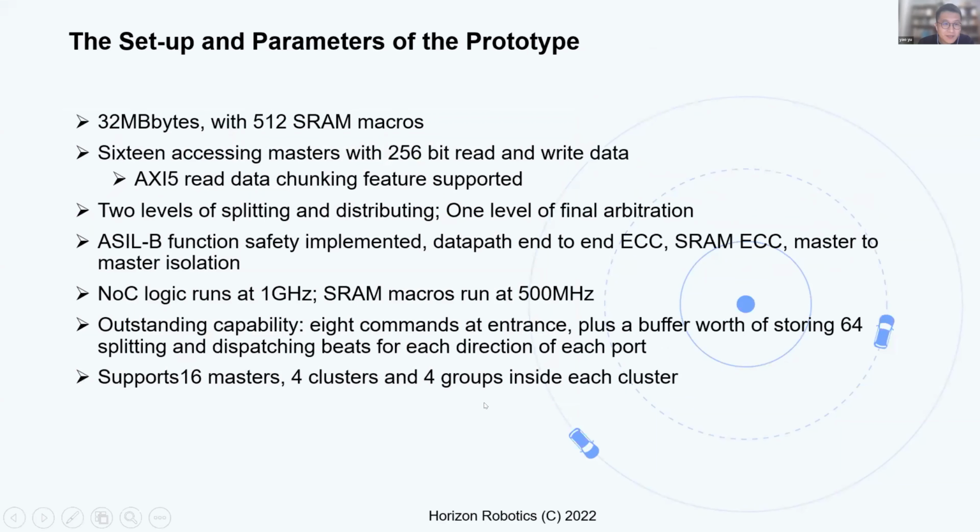Okay, thank you. So here is the setup and parameters for the prototype that we present in this paper. It holds 32 megabytes of functional memory storage, and it consists of half K SRAM macros. It can host 16 accessing masters with 256-bit read and write data buses, and the AXI5 read data chunking feature is supported.